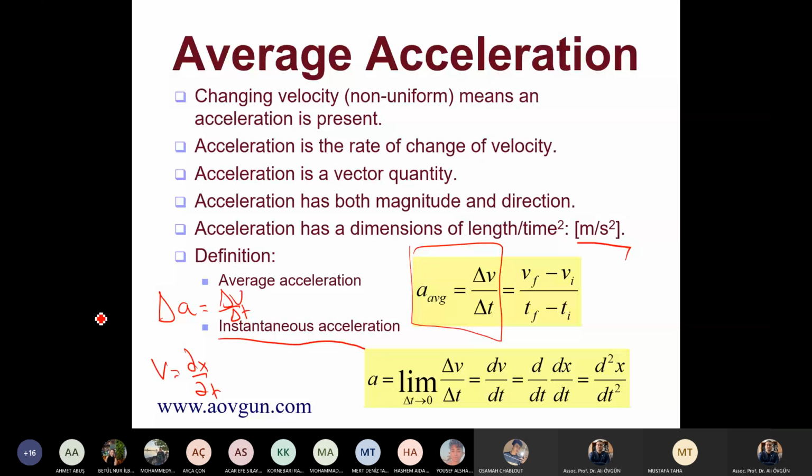When you take another derivative of this, you will find the instantaneous acceleration. But if you want, you can take one derivative of the velocity. It will be the same thing.